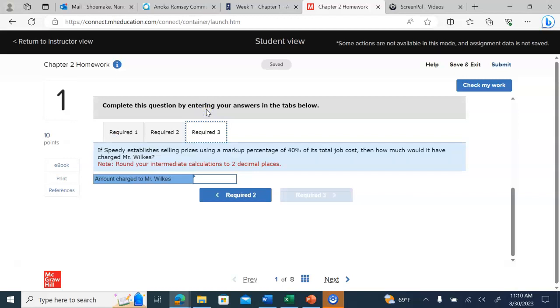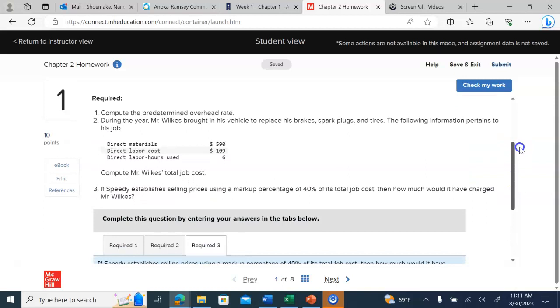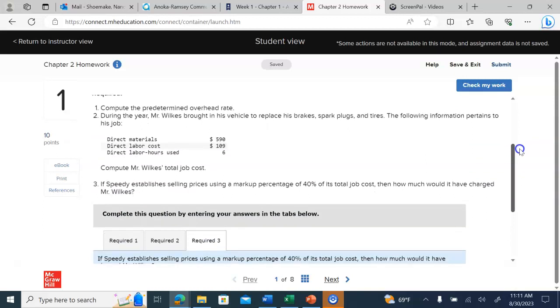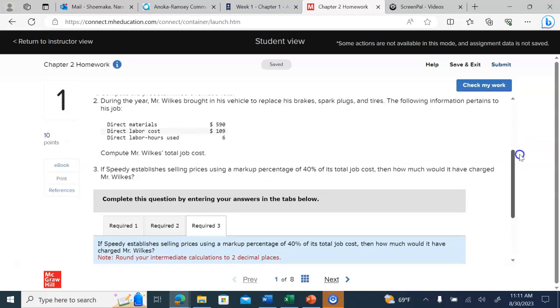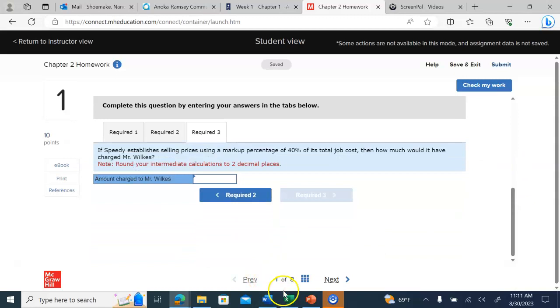Then the amount charged to Mr. Wilkes. Well, we take the $810, and does it tell us what the markup is? If Speedy establishes selling prices using a markup of 40% of its total job, then how much would it have charged Mr. Wilkes?